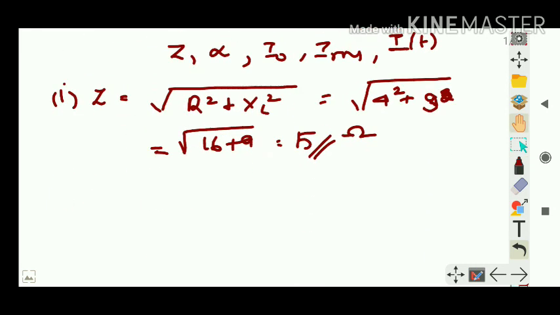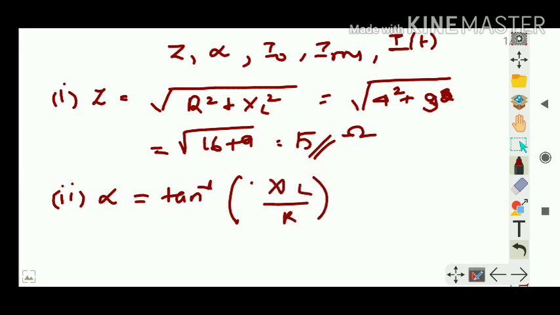Right. Now similarly, let's move on with the second section. You are asked what is alpha. It is tan inverse XL by R. XL you are given the value as 3 and R is 4. So tan inverse 3 by 4.